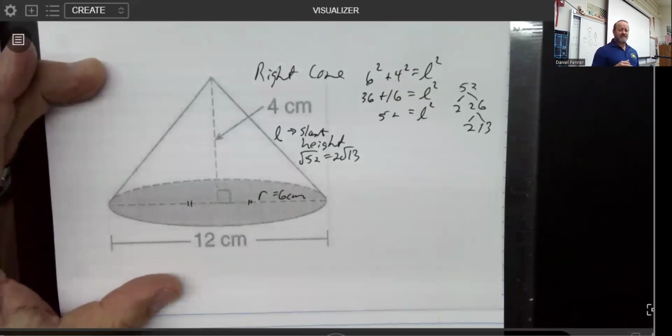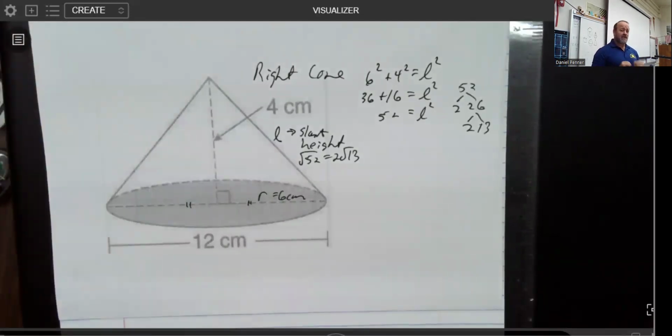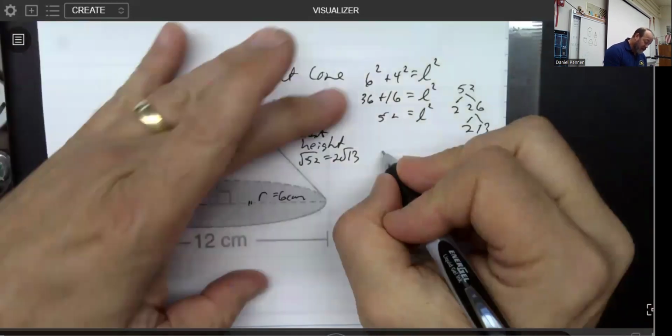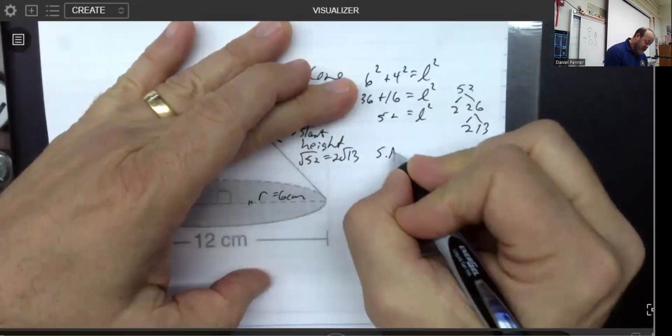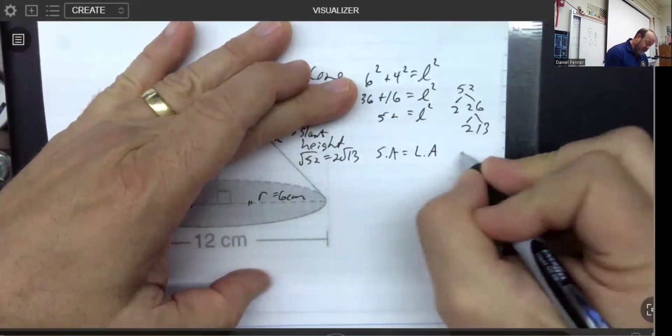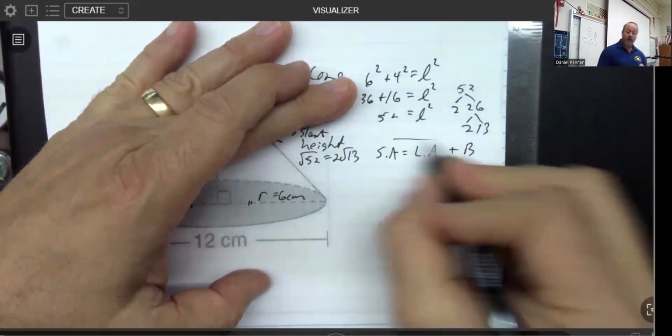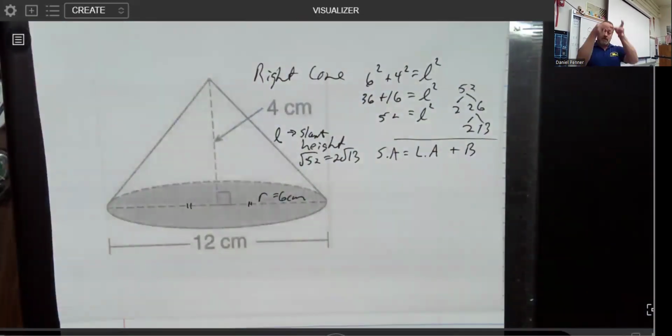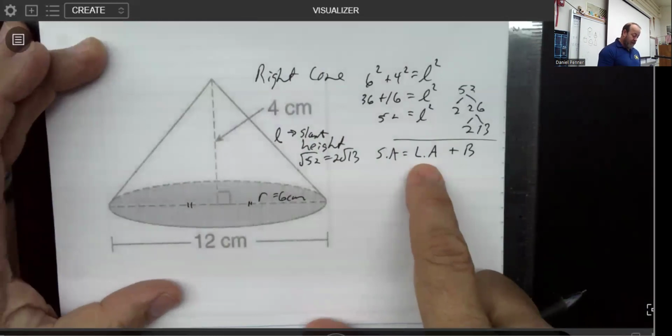Cones are very, kind of formulaic things. You really have to know it. It's just what it is. So the surface area of a cone has to do with its lateral area, plus, of course, a cone only has one base. The cylinder had 2 circles, one top and one bottom. This one just has the one circle on the bottom. So we're going to have our lateral area plus our base.